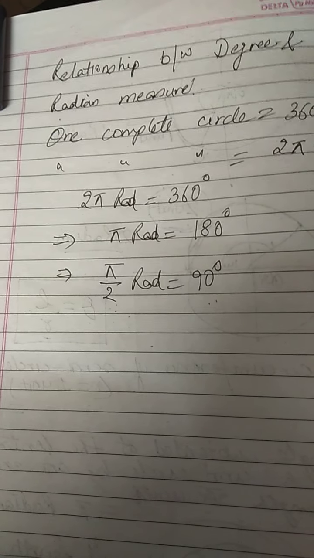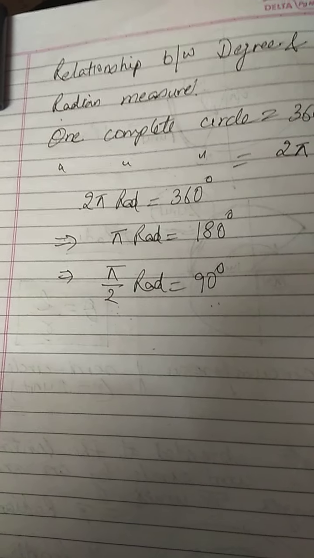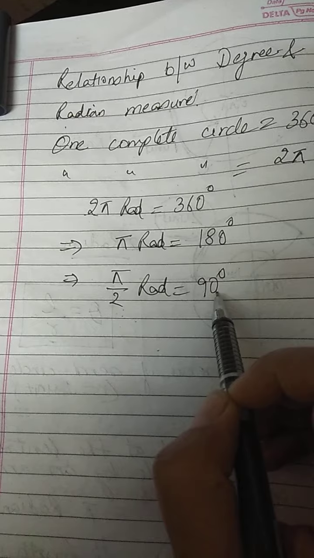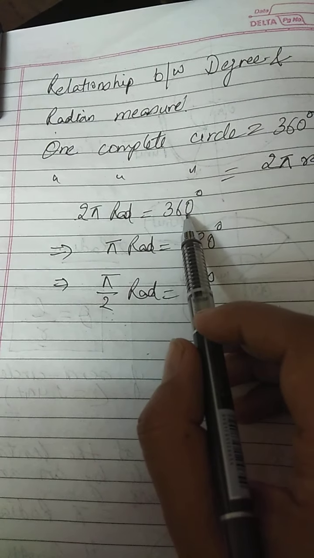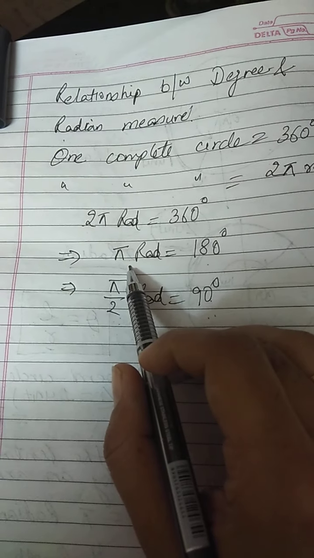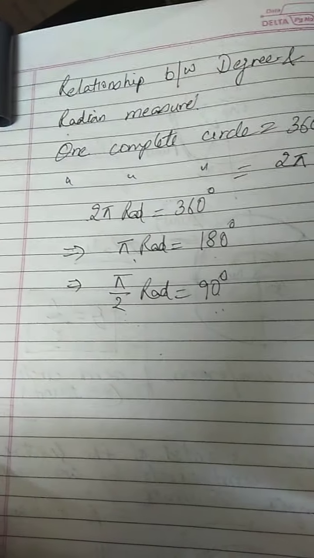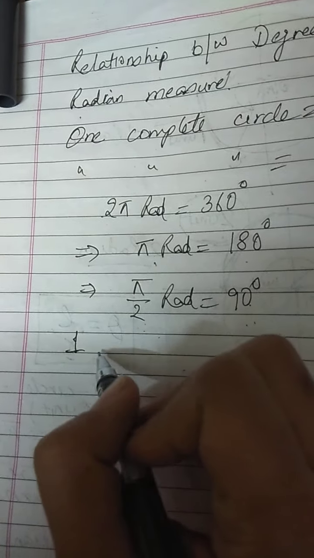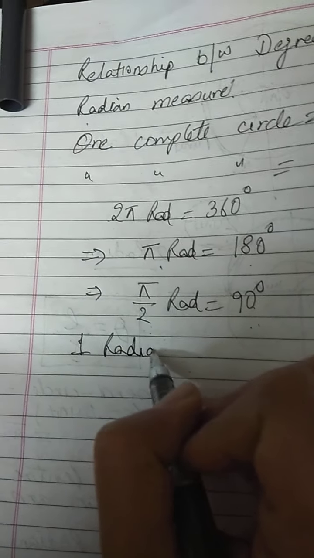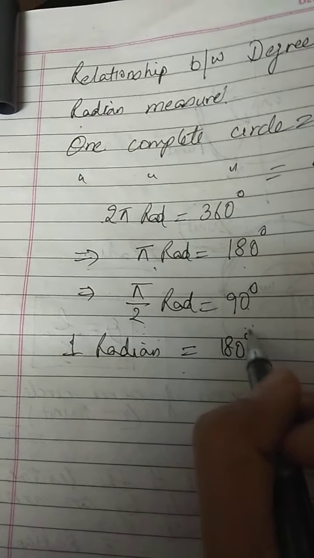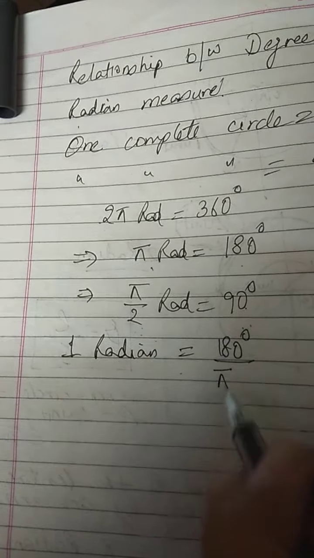But now we need the standard formula also. How will we convert it? From here, if 360 degrees is equal to 2 pi, that means 180 degrees is equal to pi radians. I am repeating, 180 degrees is equal to pi radians. It means 1 radian will be equal to 180 degrees upon pi.